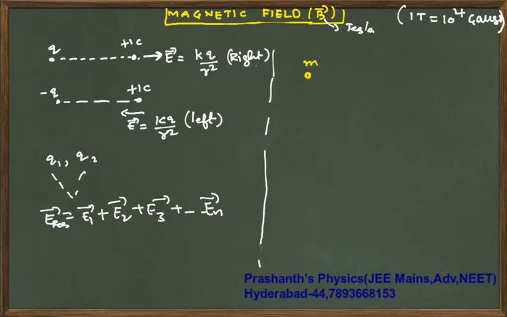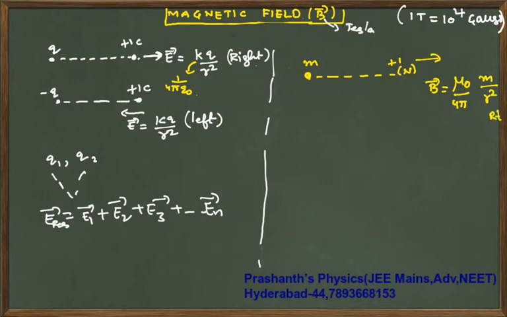So on a unit north pole, what is the field? Your K is 1 by 4 pi epsilon naught in electrostatics. Here, instead of K you have the proportionality constant mu naught by 4 pi into m by r square. If this is a north pole, it will repel, so the direction is towards right.